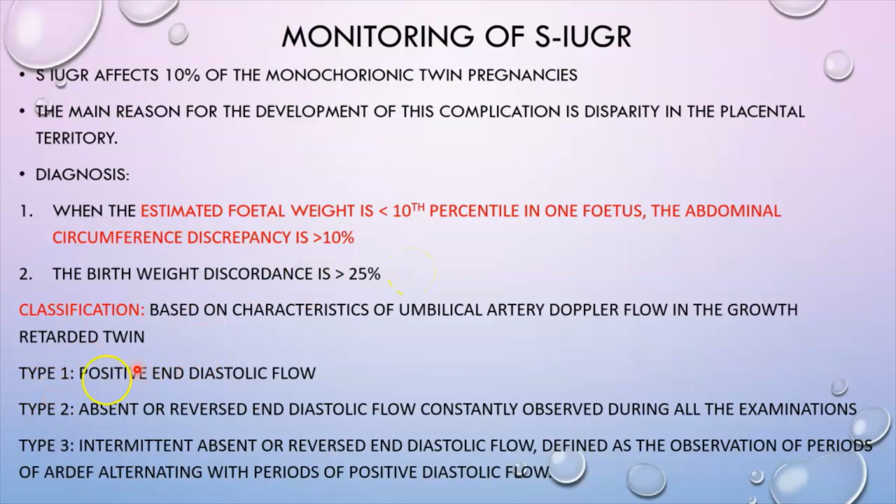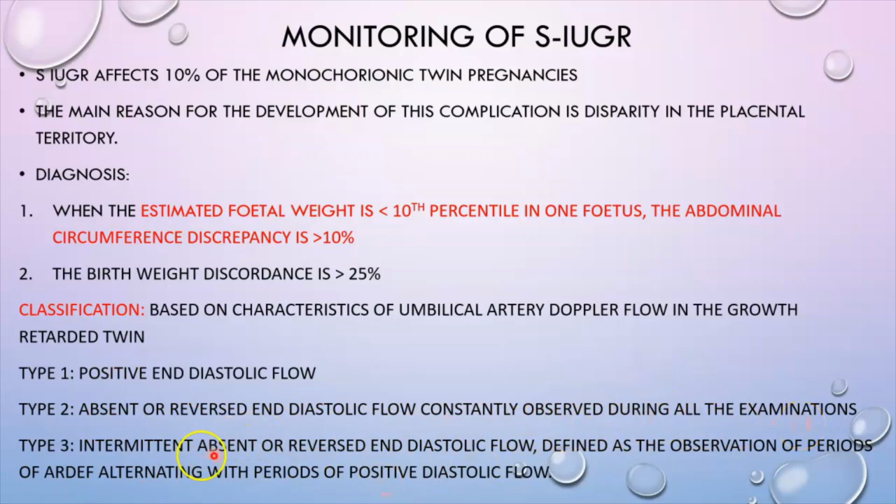Now, on the basis of Doppler study, there is classification of S-IUGR based upon the umbilical artery Doppler flow in the growth retarded twin. So type 1, when there is a positive end diastolic flow. In type 2, there is absent or reversed end diastolic flow constantly observed during all the examinations.